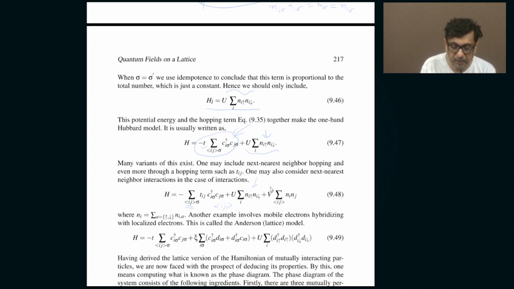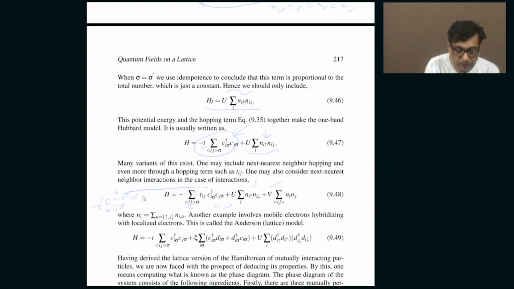So, which is why I have done that. Strictly speaking, I should have done it for the hopping also, I should have included minus t dash. So, the nearest neighbor is angular bracket ij, and the next nearest neighbor, in standard notation, is two angular brackets. That means it is one removed from the other.